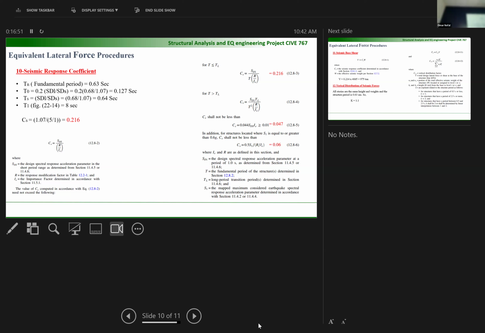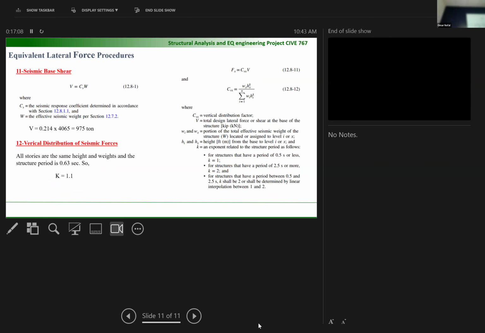Okay, so the code gives you the equation that can calculate the total base shear. Here you have something called CS. What we want to find out is V, right? V is CS multiplied by the weight.